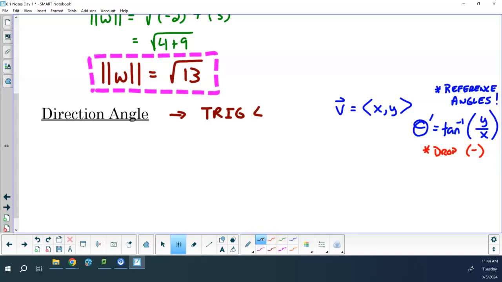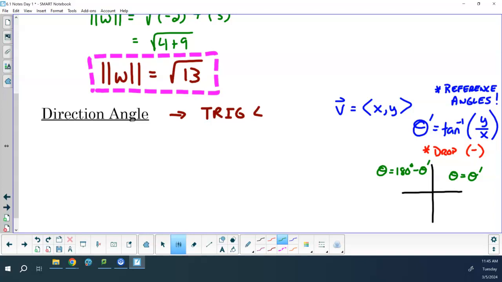That's going to find you the acute reference angle, and then depending upon which quadrant you are in, if you are in quadrant number 1, actual theta is your reference angle. If you're in quadrant number 2, actual theta is 180 degrees minus your reference angle.